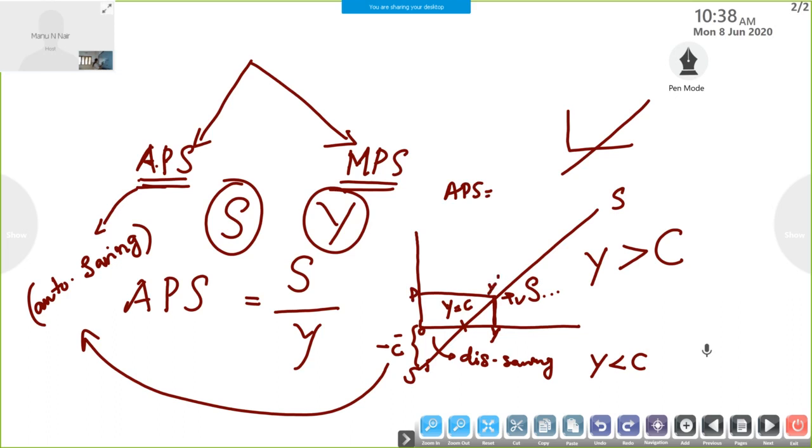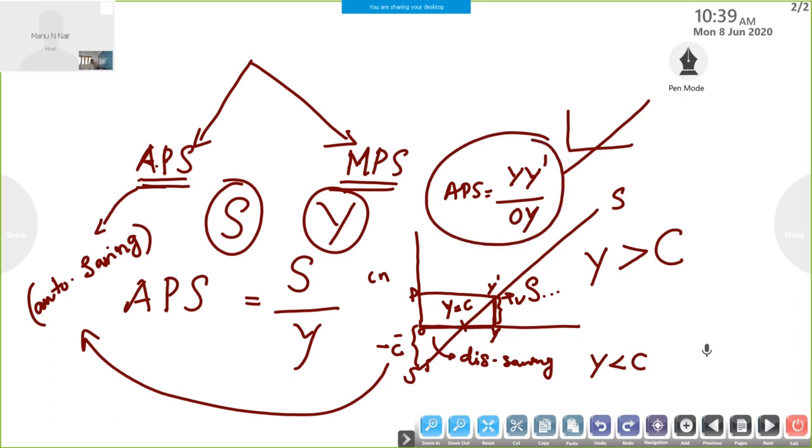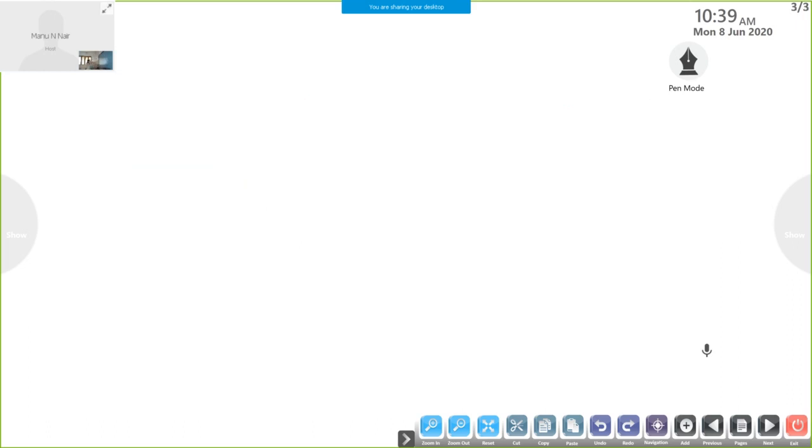Suppose I am giving here Y dash, the total level of saving. So Y dash divided by total level of income, OY, is the average propensity to save. Till here I think we have completed.